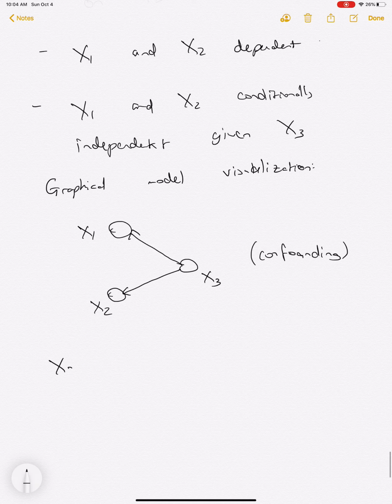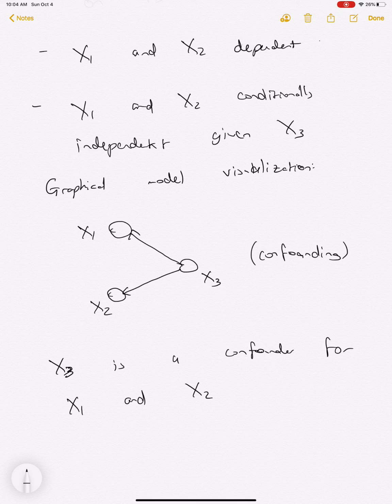So we say that X3 is a confounder for X1 and X2. And this is a very common issue when you're dealing with multivariate statistics or probability.